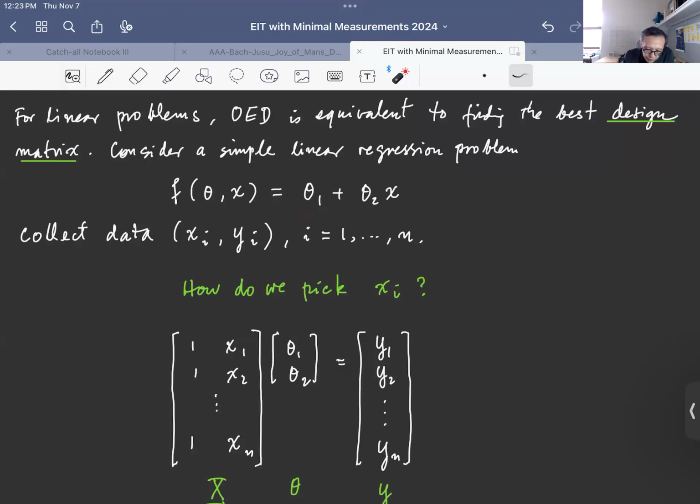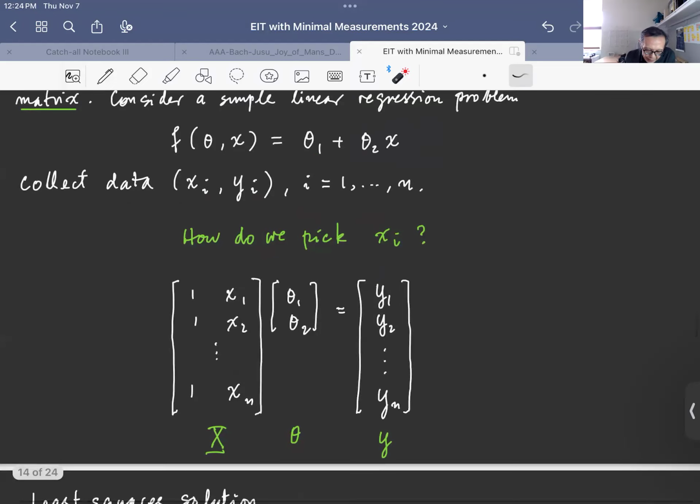You're going to choose the place where you're going to measure, and you're also going to read out the output. In a typical regression problem, you would choose a bunch of x where you measure and find out what the output is, the y's. And from these pairs, you would like to be able to estimate theta 1 and theta 2, a very classical problem in linear regression.